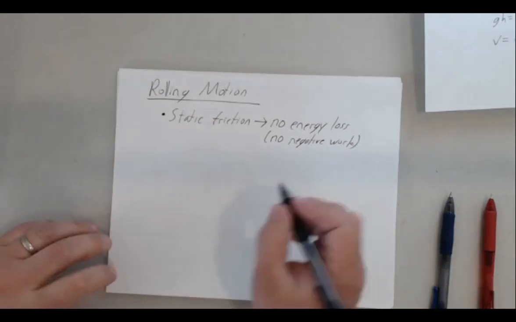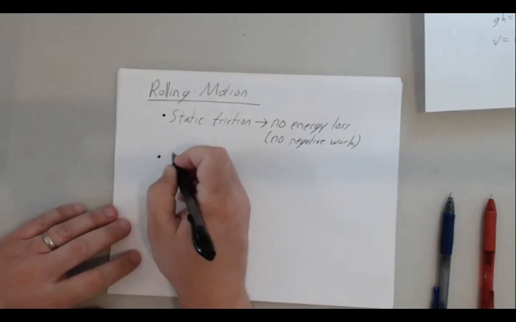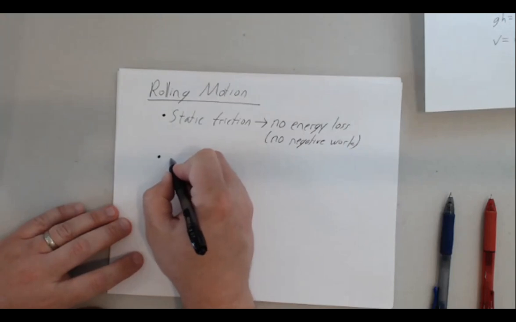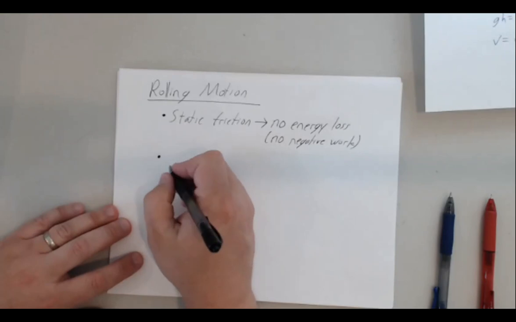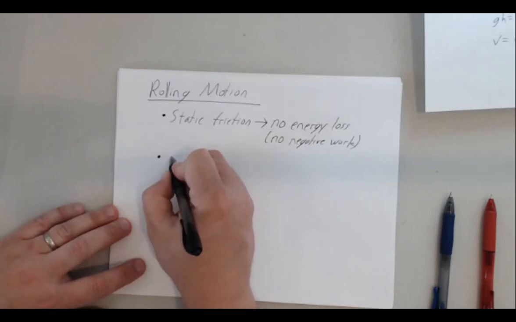In rolling motion, our angular variables and our linear variables are related in a nice simple way.